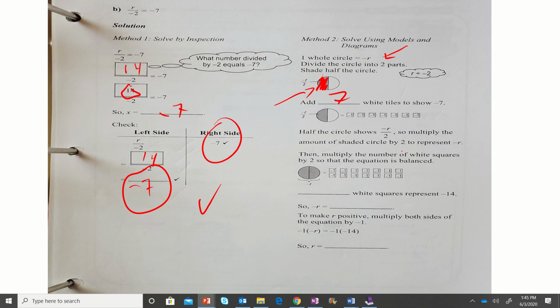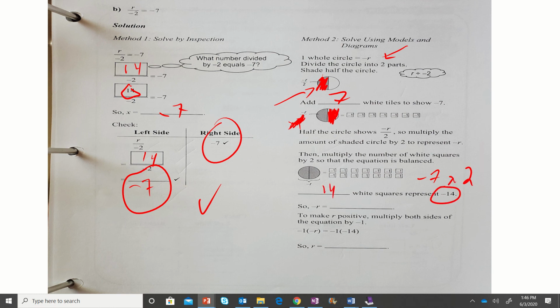So multiply the amount of shaded circle by 2 to represent negative r. That's because one whole circle equals negative r. So now I'm going to multiply by 2, and these cancel out. So we have negative r now. Then multiply the number of white squares by 2 because you have to do the same on both sides. So negative 7 times 2 is negative 14.